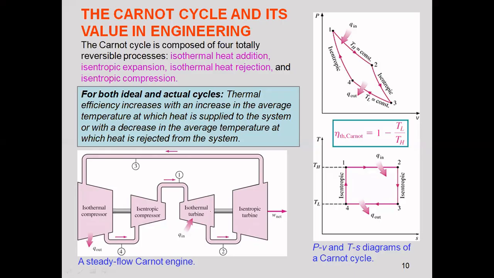If these are known, the heat source temperature is given in thermodynamics as TH, the hot body temperature, and TL as the cold body temperature or low temperature body. Then the efficiency is 1 minus TL by TH, that is 1 minus TC by TH. That is the efficiency of the Carnot cycle.